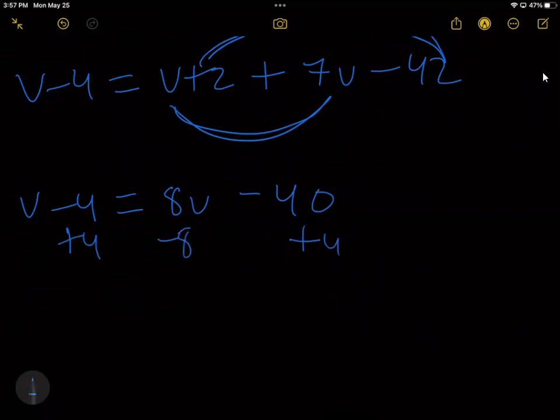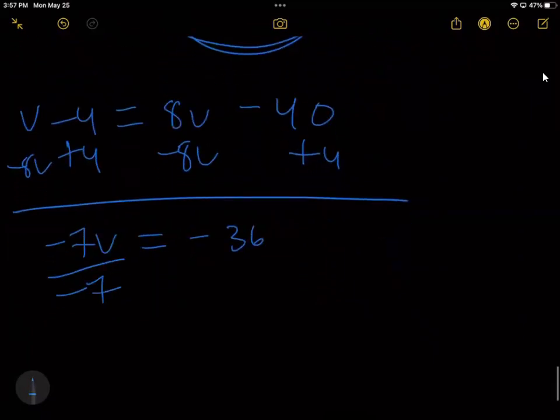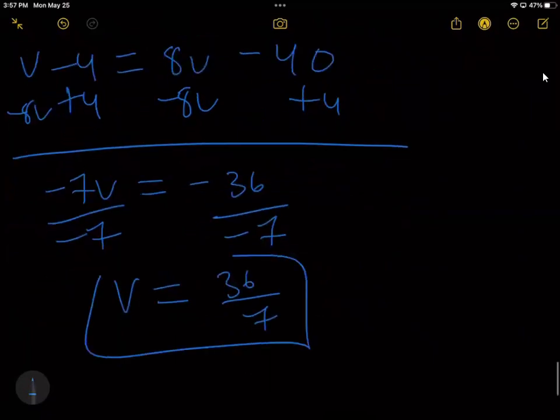And I can subtract 8v on that side. So then I end up with negative 7v equals negative 36, divided by negative 7, divided by negative 7, v equals 36 over 7. So that's what we did for this problem here.